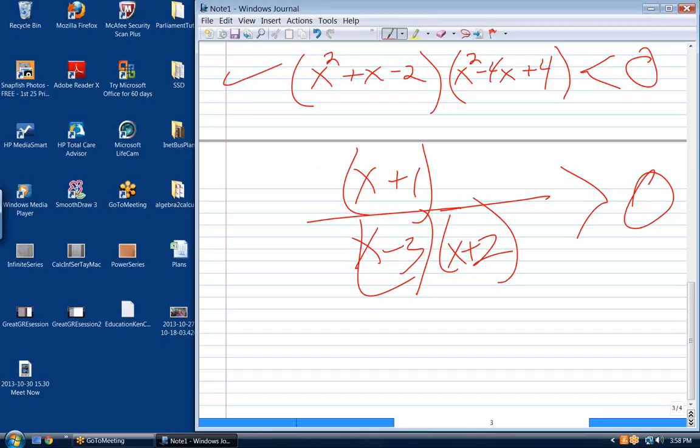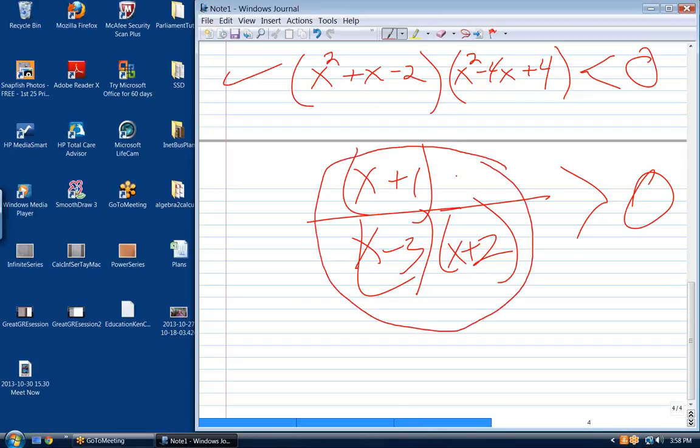You have to use the line chart. It's just that I came upon the realization once that when you have a product, you don't really need the line chart. You could figure it out without it. But when you have a quotient, it's almost impossible to figure out without the line chart. So I end up doing the line chart whenever I have either.